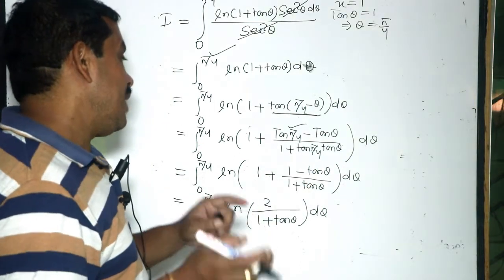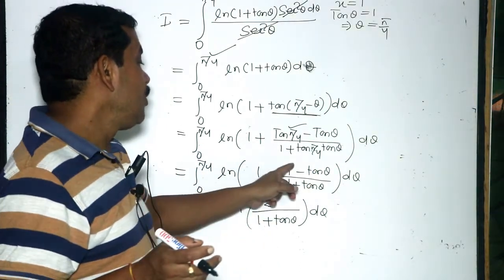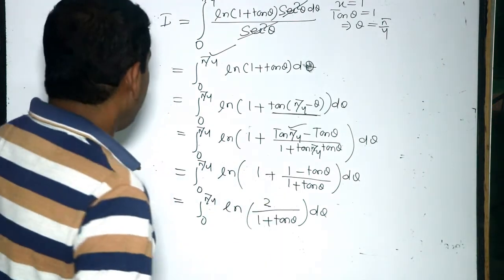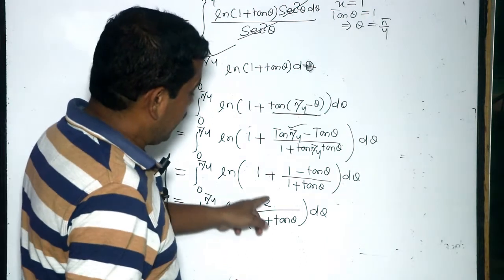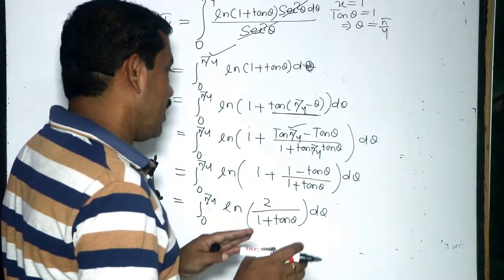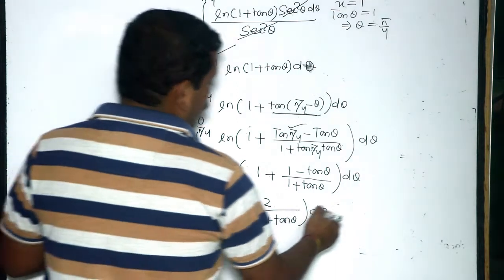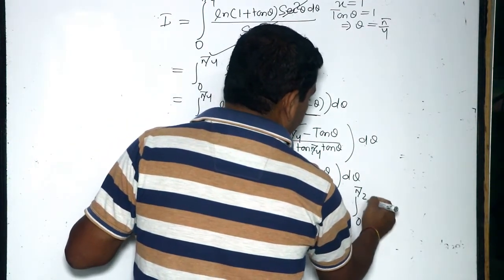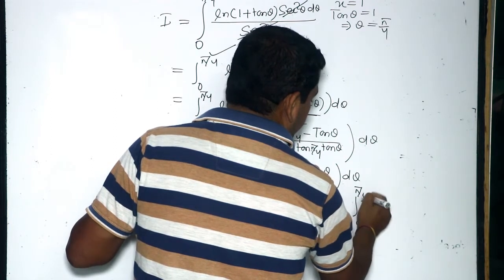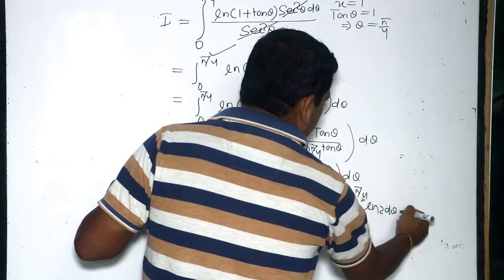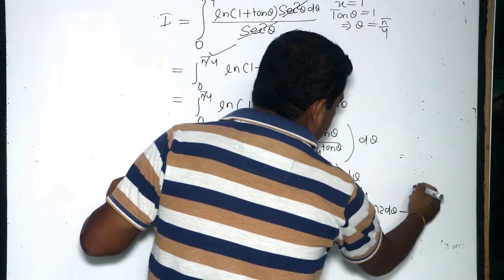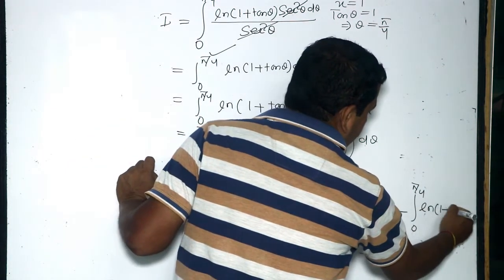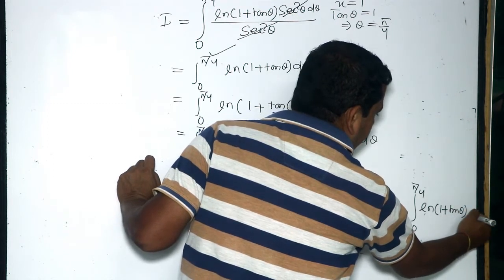Cancelling tan theta minus tan theta, the numerator becomes 2 and the denominator is 1 plus tan theta. We know that log a by b equals log a minus log b. So the integration becomes 0 to pi by 4 log 2 d theta, and another integration is 0 to pi by 4 log(1 plus tan theta) d theta.